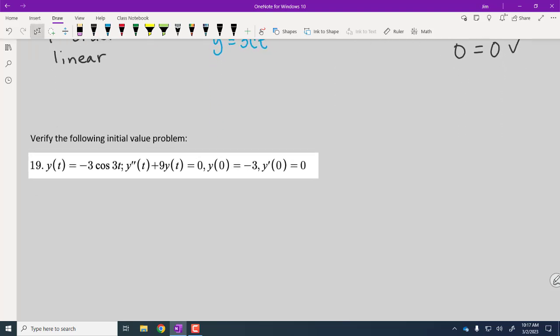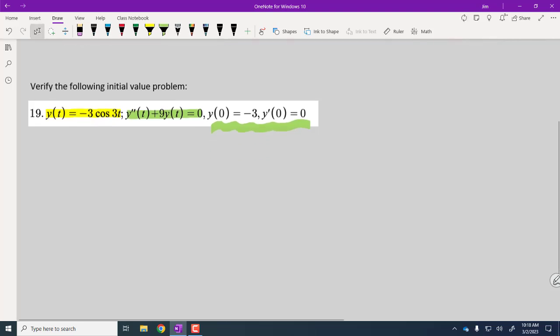So for example, here, this one, our function that they say is the solution to that second order linear differential equation. And here's an example where they give us some initial values, so we can figure out what the C is. So let's see what happens here. They tell us that y is that.